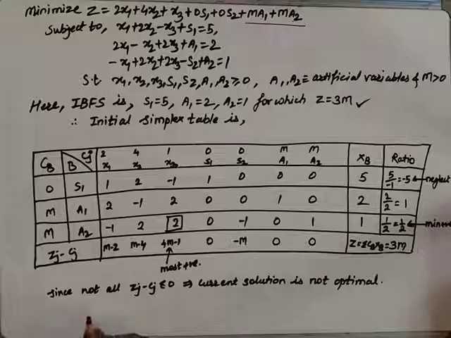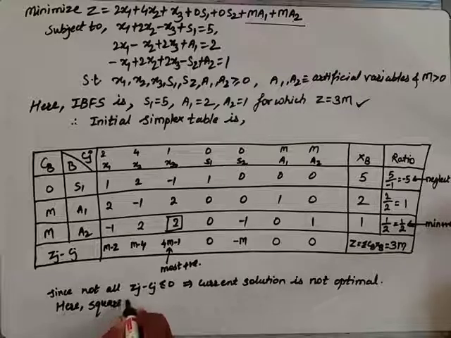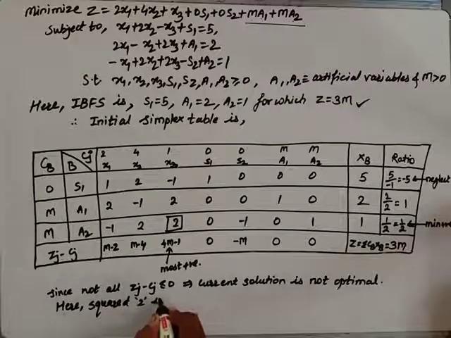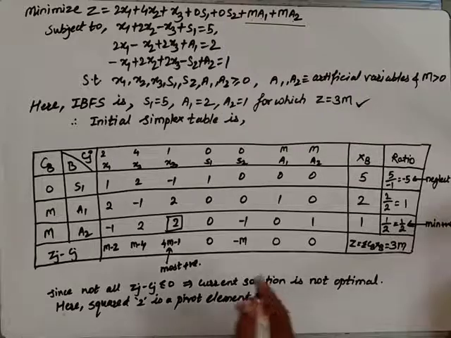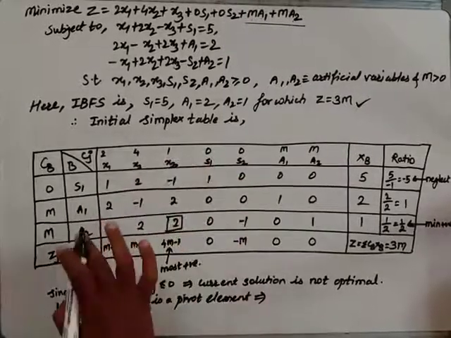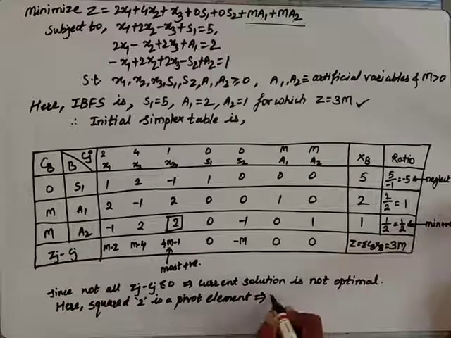So this 2 is our pivot element. I must write here that squared 2 is the pivot element, which indicates that x3 will enter the basis and A2 leaves the basis.